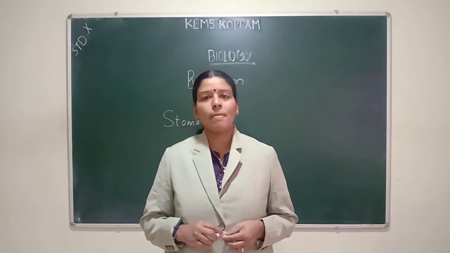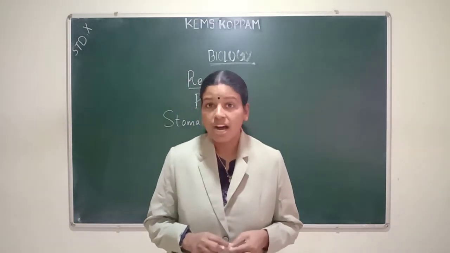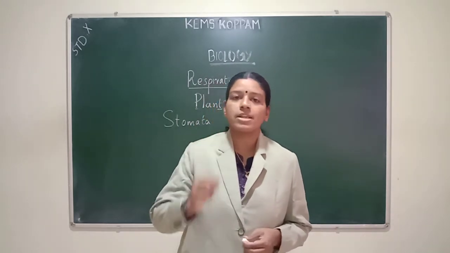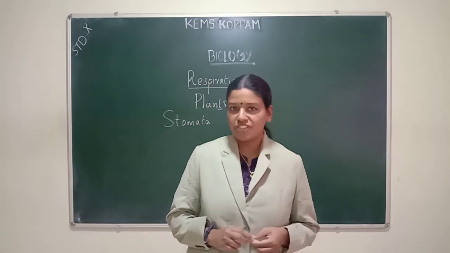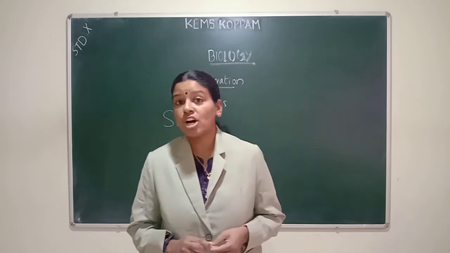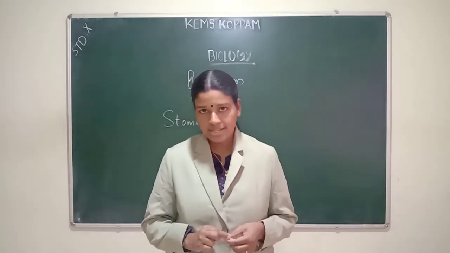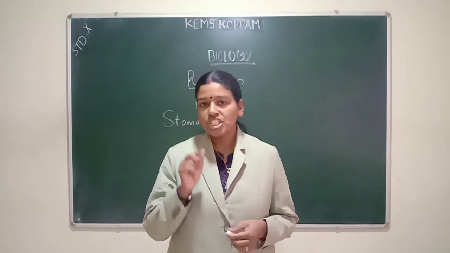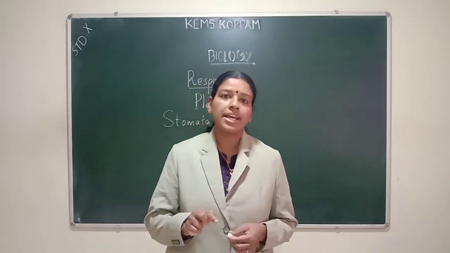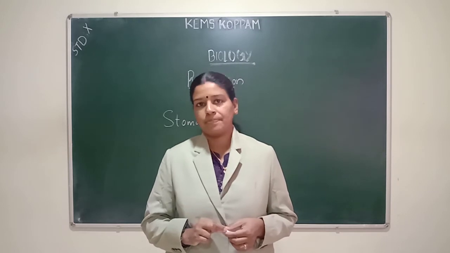Now, what is stomata? Stomata are minute pores present on the leaf surface. We can see stomata on the upper surface as well as the lower surface. So stomata is the respiratory organ in plants.